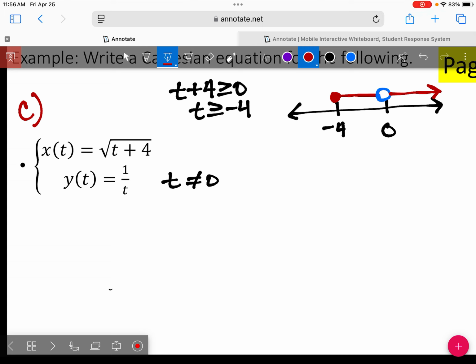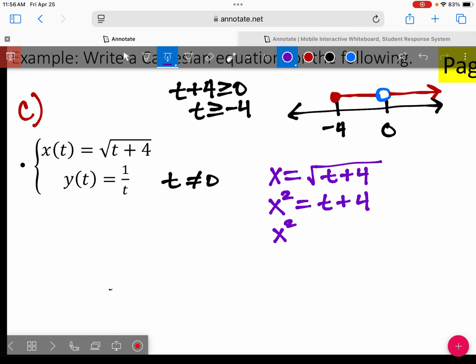So let's get started. Let's start off with the x parameter. So if x equals the square root of t plus 4, the first thing I'm going to do is square both sides. That gets rid of the square root. And then the last thing I'm going to do is what? Subtract the 4. So this is where I am, right here.